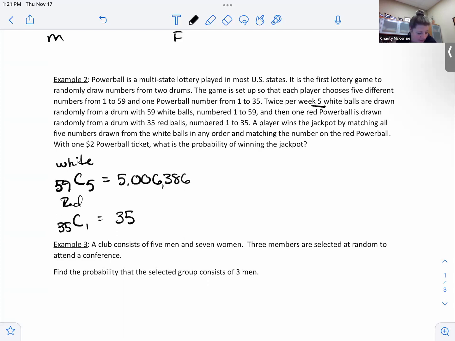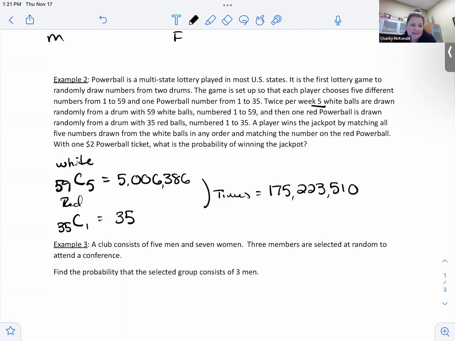So we're going to multiply these two, and you're going to get 175,223,510. And this represents how many different tickets you could create, different possibilities for this lottery.